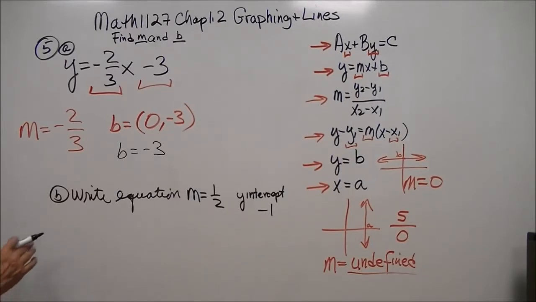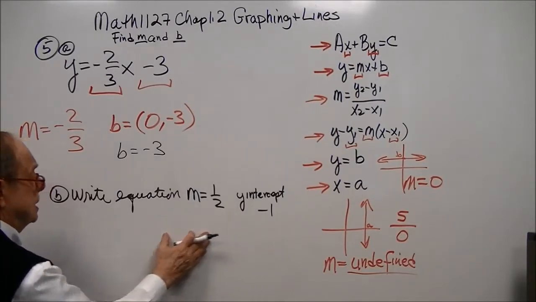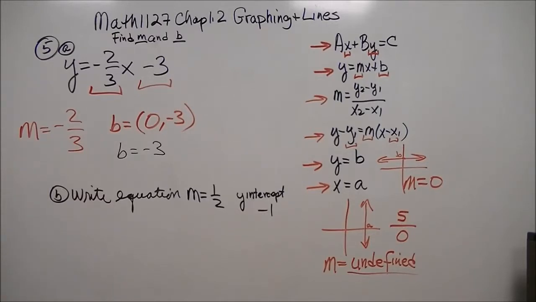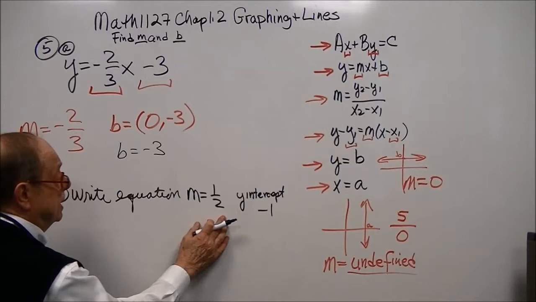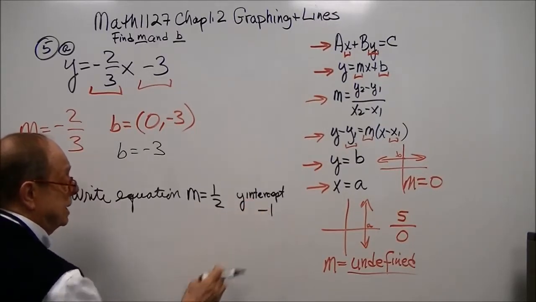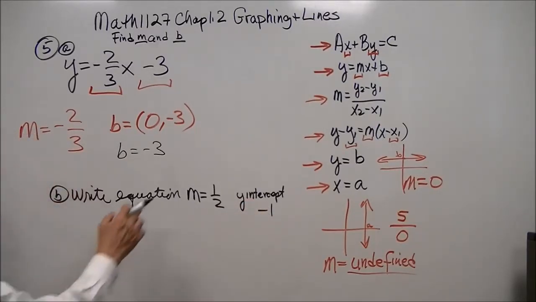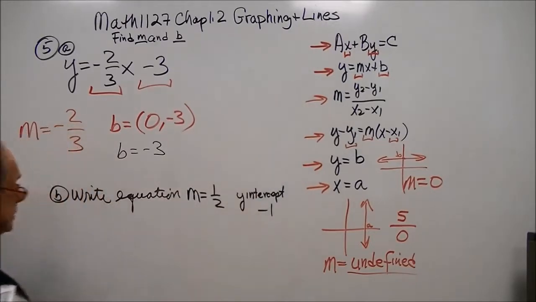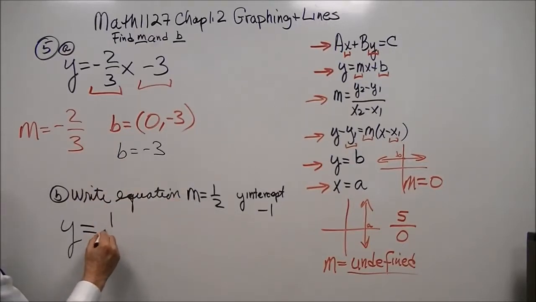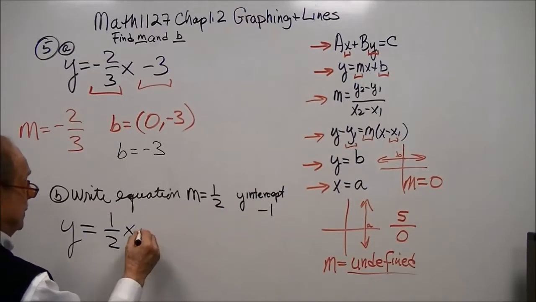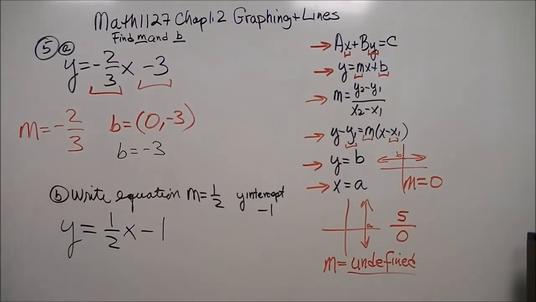So in the second part, they're asked to write an equation in which the slope is 1/2 and the y-intercept is negative 1. So again, we're going to use the slope-intercept form, y equals whatever the slope is, 1/2. We have to add the x, and then now the y-intercept.